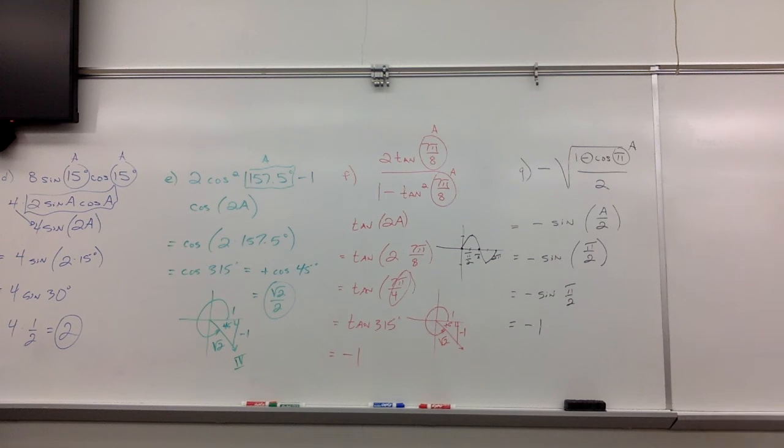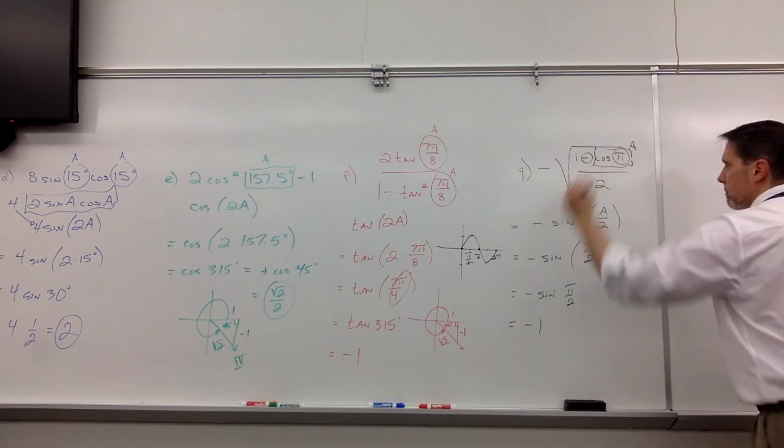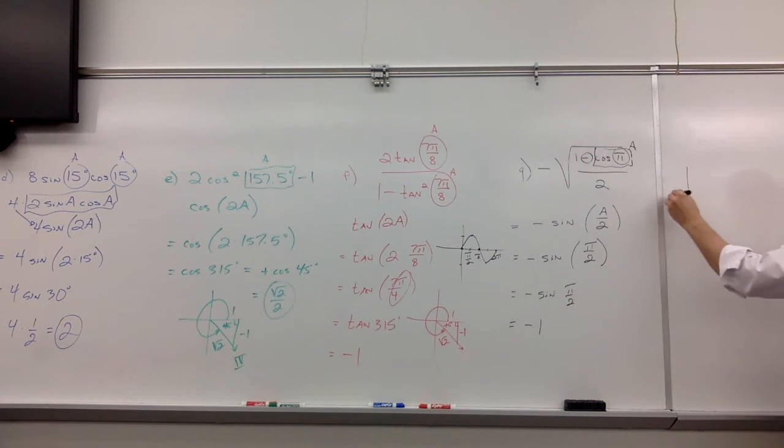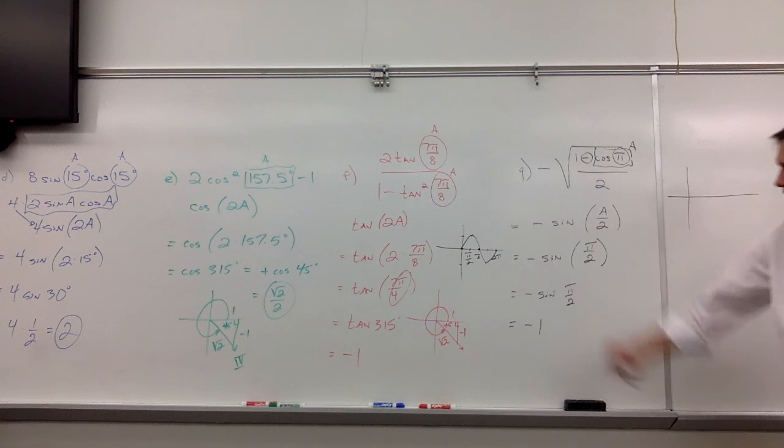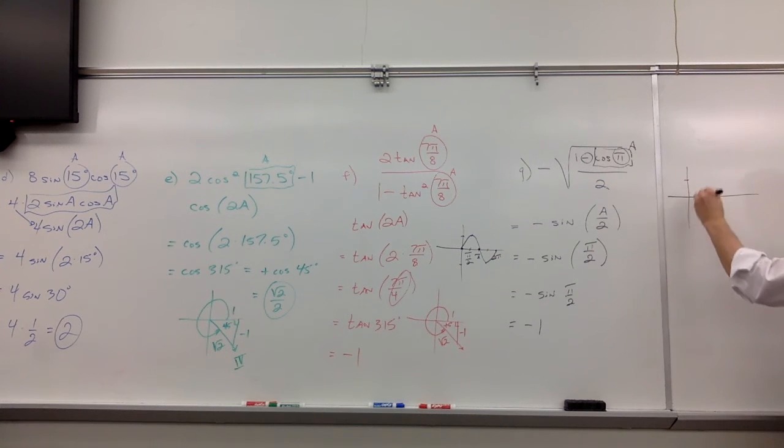Let me give you an alternative approach to this, only because of the cosine of pi. If you were to just simplify this without a half-angle identity, remember what cosine looked like? So here's pi halves. Let me not make the same mistake again. That's 3 pi halves. That's 2 pi.